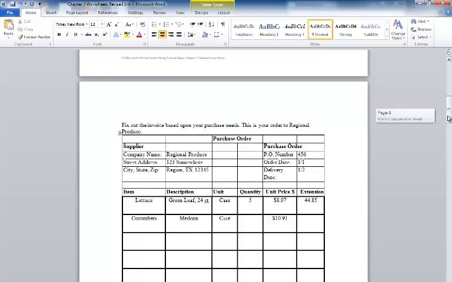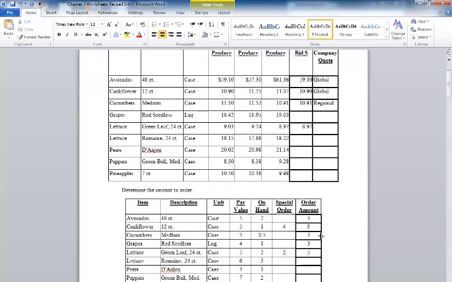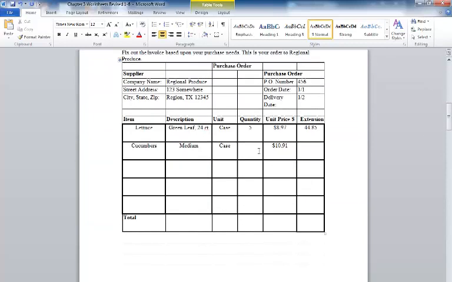Let's do one more. Another item that we identified to order from Regional Produce was cucumbers. According to my determining amount to order, I need to order 3 cases of cucumbers. Therefore, if I'm ordering 3 and I'm paying $10.91 for each case, I'll be paying $32.73 for cucumbers.